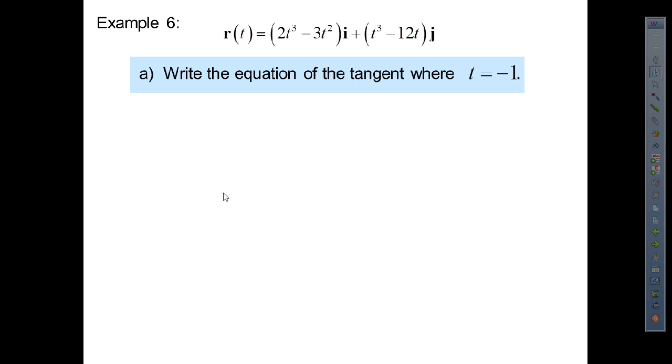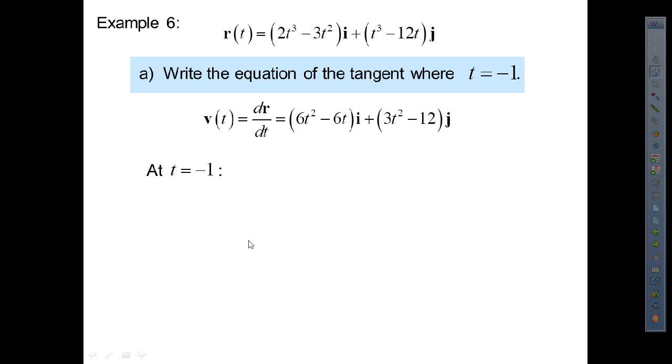Alright, so here is another vector equation, and we're going to write the equation of the tangent where t is equal to negative 1. Now for the tangent of r, we're going to need the slope and the point.